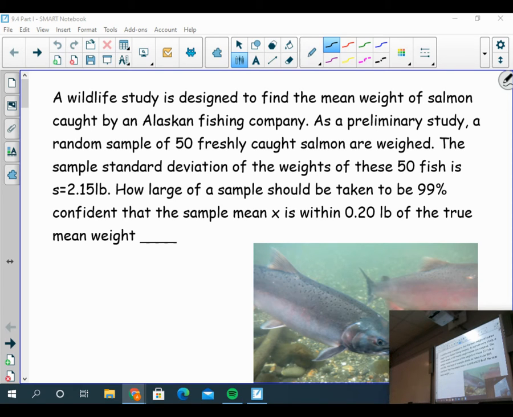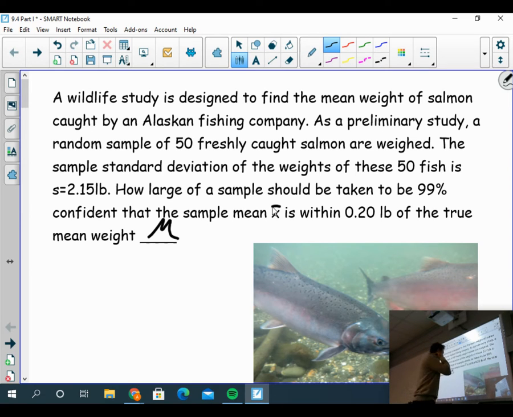How large of a sample should be taken to be 99% confident that the sample mean x bar is within 0.2 pounds of the true mean weight mu? A lot is going on there, okay?